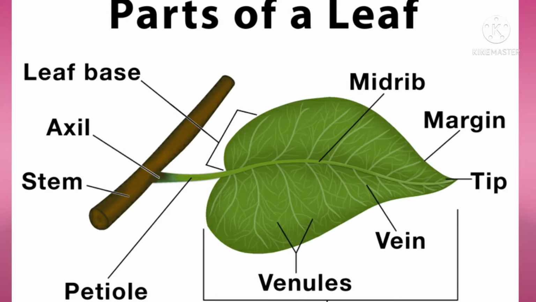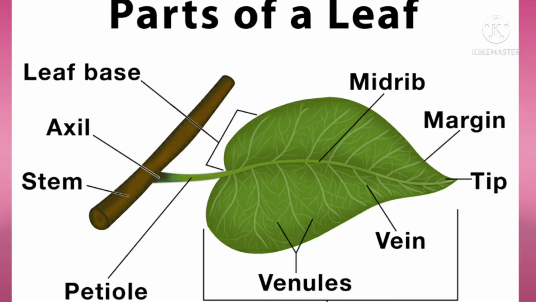So, the leaf blade or lamina is the flat and the broad part of the leaf. The part that links the leaf to the stem is called petiole. A central vein called the main vein or midrib runs from the petiole.